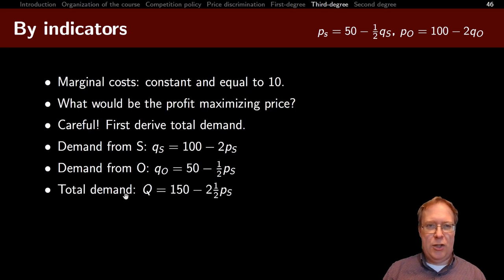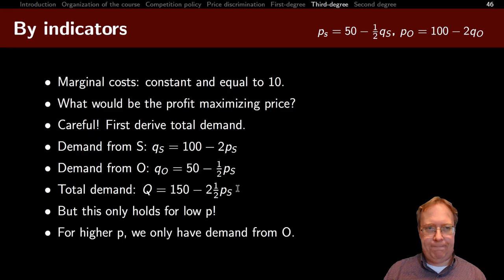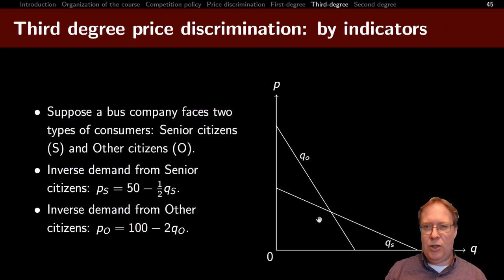And then my total demand will simply be the sum of these two demand functions, right? So that gives me this total demand. But this only holds for low prices, right? Because for higher prices, we only have demand from the other citizens. Let me go back to my demand functions.